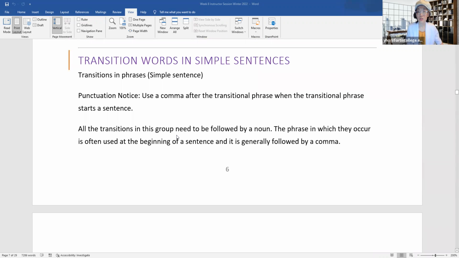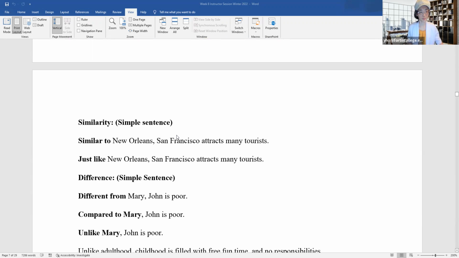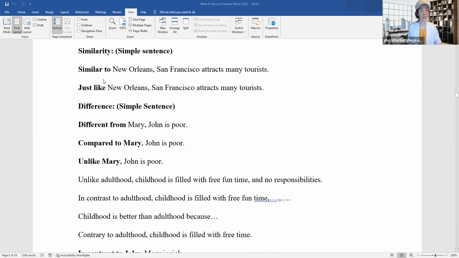When you use a transition word, always use a comma after the transition word, especially if the transition word is in the beginning of the sentence. So, for example, similar to New Orleans, comma, San Francisco attracts many tourists. Just like New Orleans, comma, San Francisco attracts many tourists.